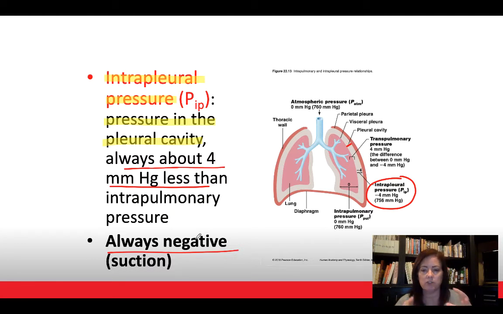And so this is a pressure that, like I talked about, the lungs are really soft and squishy and airy, okay? So they need some help suctioning them out to the walls of the thoracic cavity. And this is the force that does that, okay? This is the pressure that does that. So intrapleural pressure, this is the pressure in the space between the lungs and the wall of the thoracic cavity.